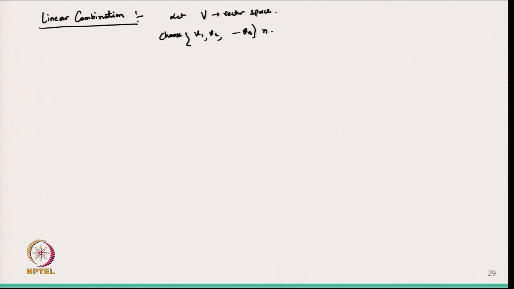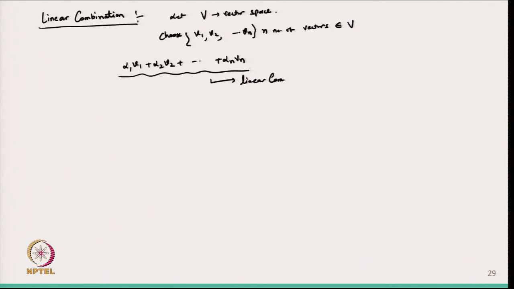So I am defining n number of vectors belonging to V. V is a vector space and I am choosing n vectors out of that, and let us define their combination with scalars. So I define alpha 1 V1 plus alpha 2 V2 plus up to alpha n Vn.